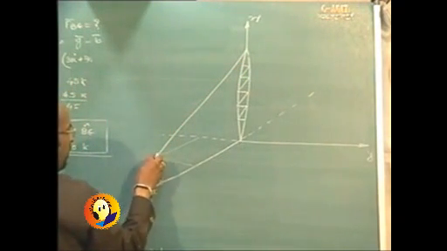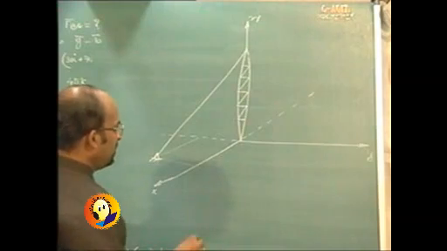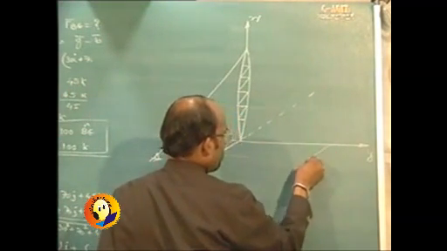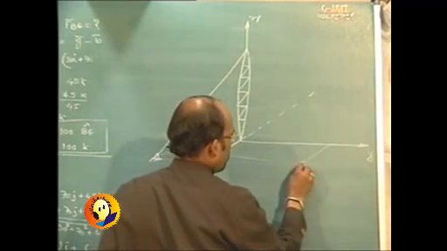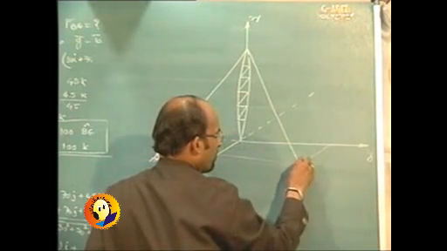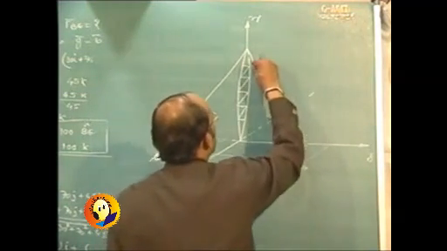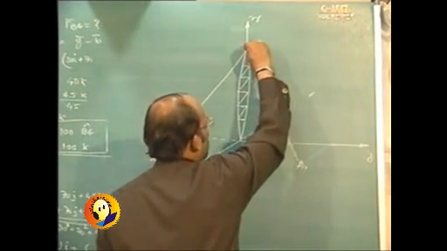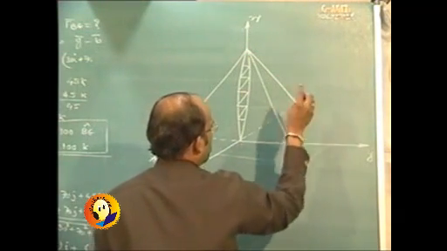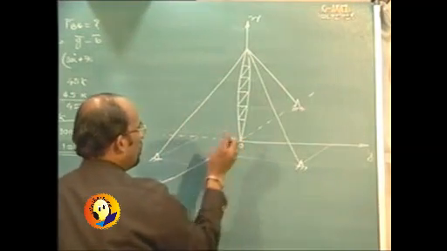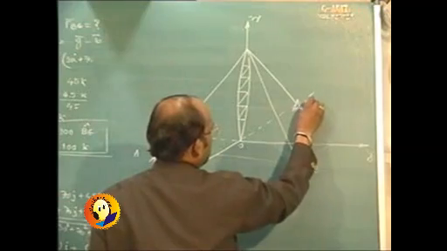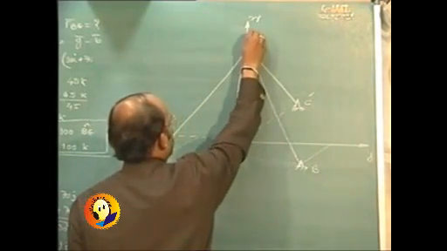So one cable which is attached like this, another cable has been attached in this manner, and the third cable has been attached over here. So this is O. These three supports are A, B, C. This is point P.